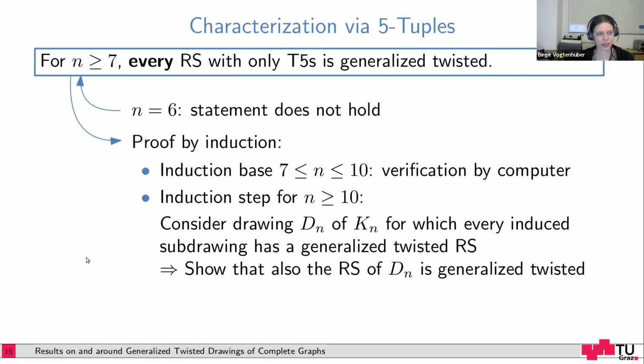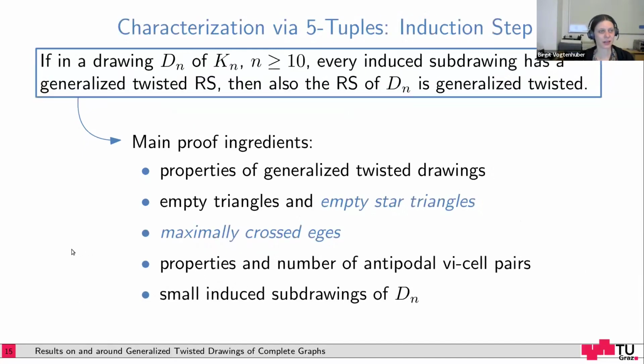So how did we do that? I'm not going to go into any details of the proof. It's quite lengthy, but I'd at least like to sketch some ideas of this induction step.